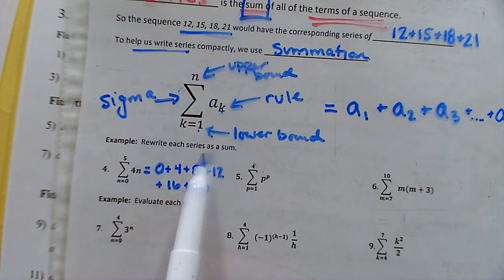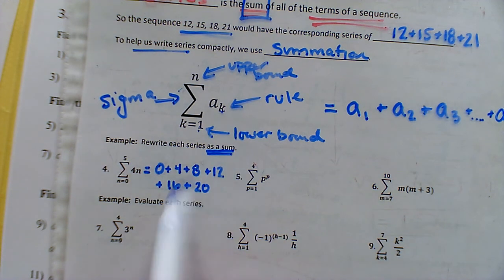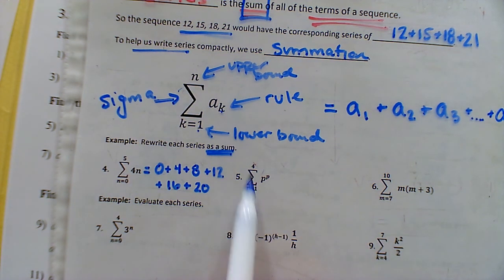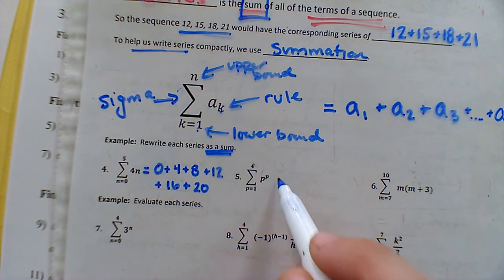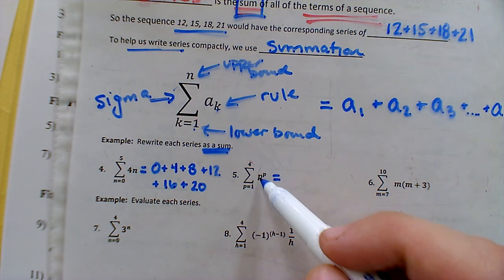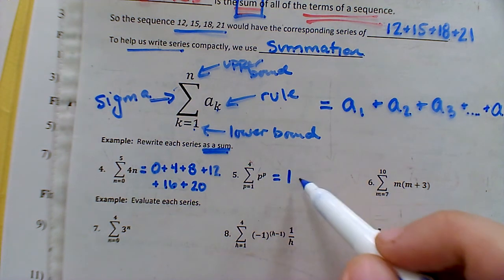Okay, so it says rewrite each series as a sum. We're going to leave it like this. We're showing how we're adding everything together. Let's try the next one. We're going to start by plugging in 1, and we're going to end by plugging in 4. So our p-value is 1. 1 to the first power is 1.